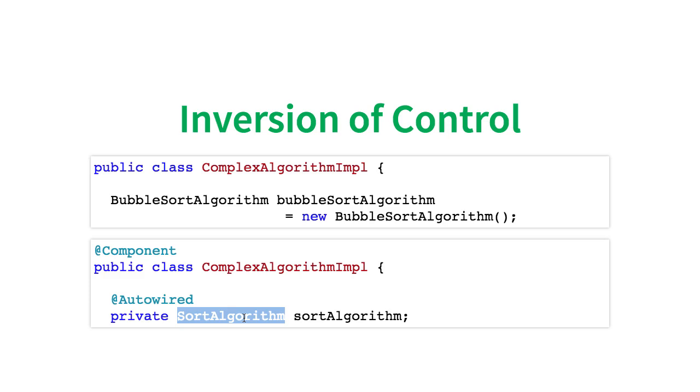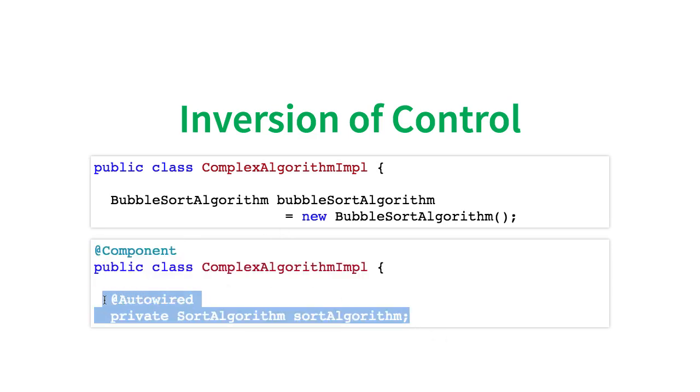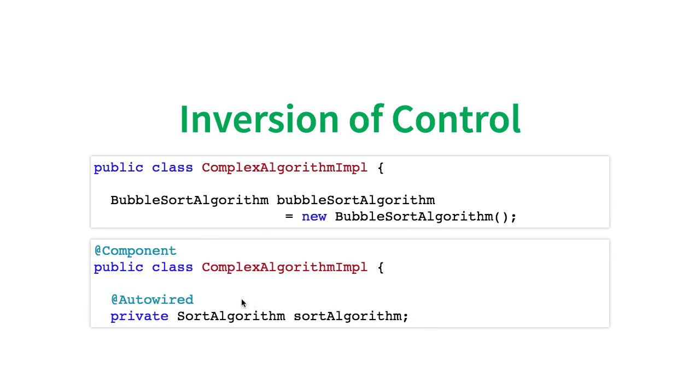Why is it important? Because inversion of control enables you to use Spring Framework. So as soon as you put @Component and @Autowired on a specific thing, Spring knows that you want to create a bean for this and you would want to autowire this dependency in. So what does Spring do? Spring goes and searches sort algorithm implementations.